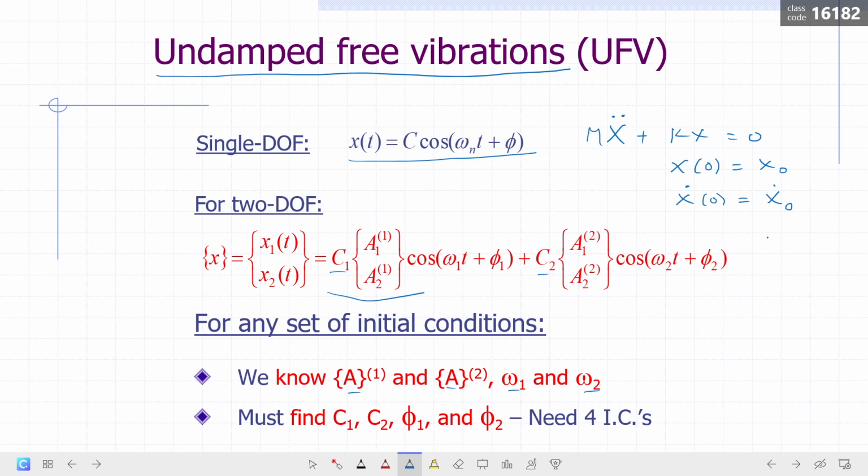For the initial conditions, if you look here, you can say it's only two equations, but actually no. This one is two equations, and this one is also two equations. And you have four parameters: C1, phi1, C2, phi2. So from these four equations, you can find C1, C2, phi1, and phi2.